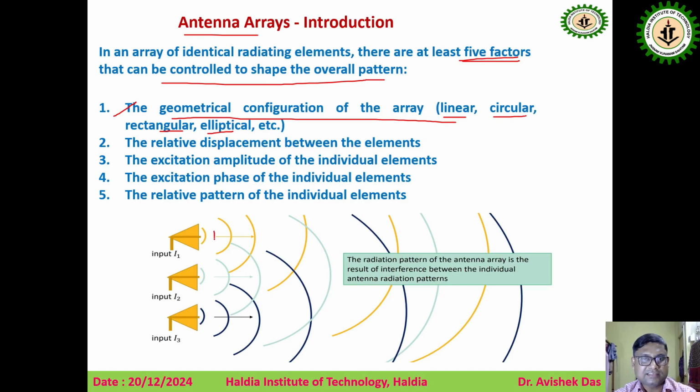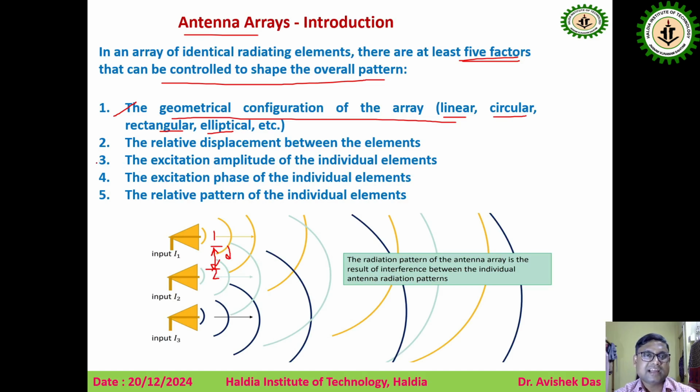If this one is antenna 1 and this one is antenna 2, what is the distance between these two elements? We generally represent it with the term d. So depending on d, the antenna radiation pattern also changes. In the next slide we discuss the effect of d on the array factor as well as the radiation pattern, which we will discuss later.